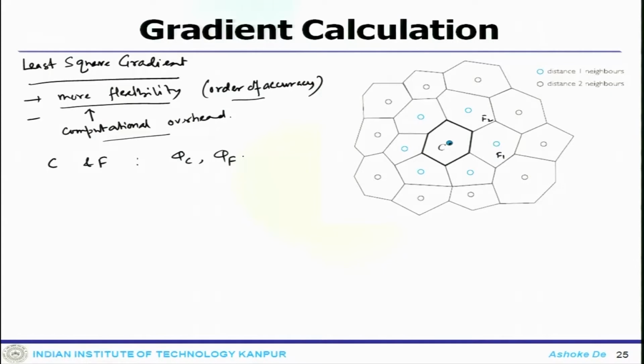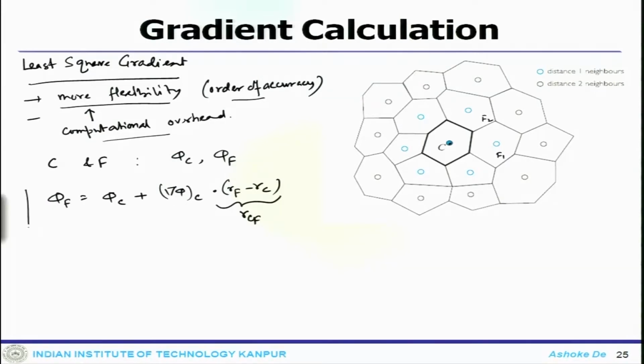To calculate the gradient, this shows the schematic with the neighboring cells. Now, how do we obtain phi F? Phi F is obtained using the value of phi C plus delta phi C dot (RF minus RC), which is essentially RCF.